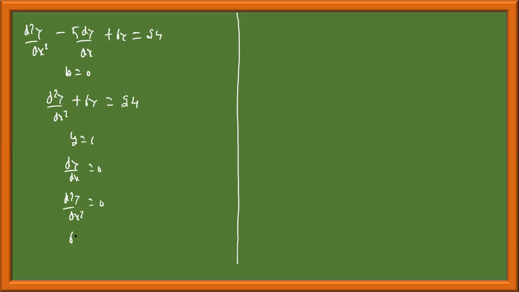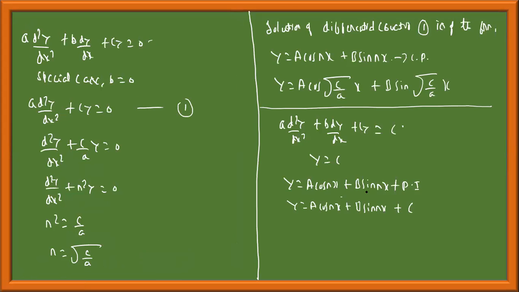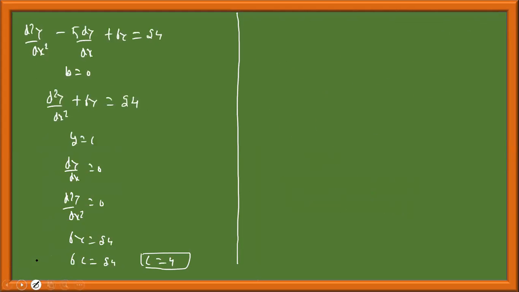Therefore 6y = 24, or 6c = 24, or c = 4. Therefore this 4 gets added as the constant.